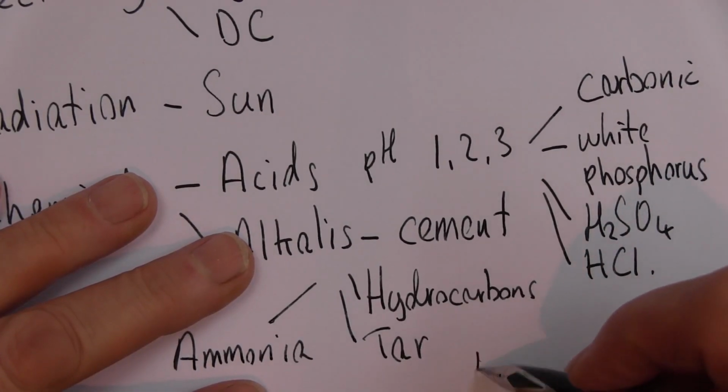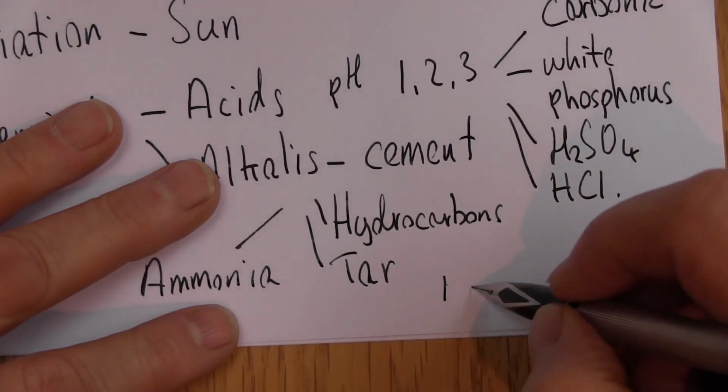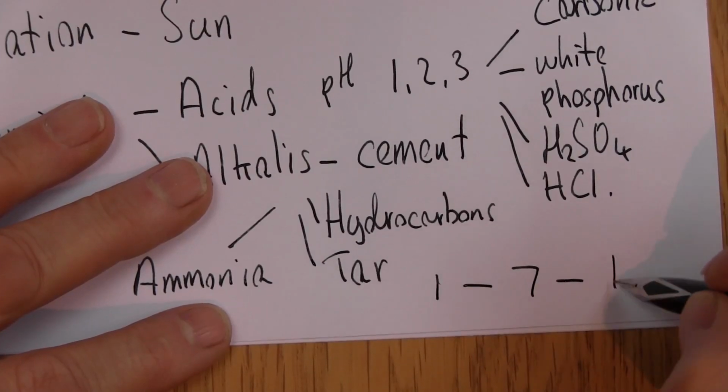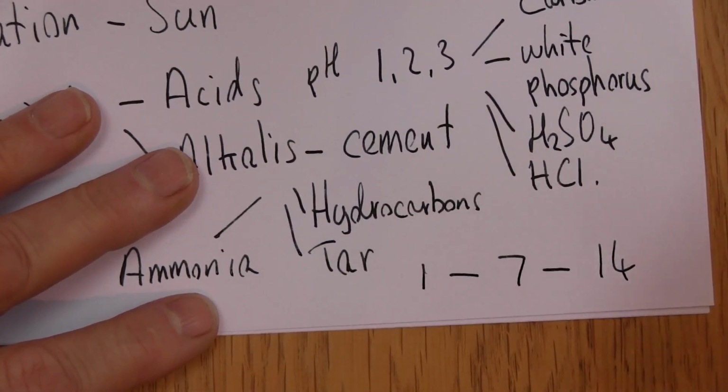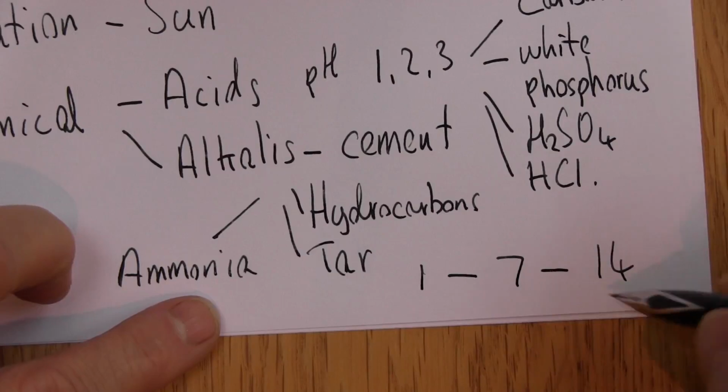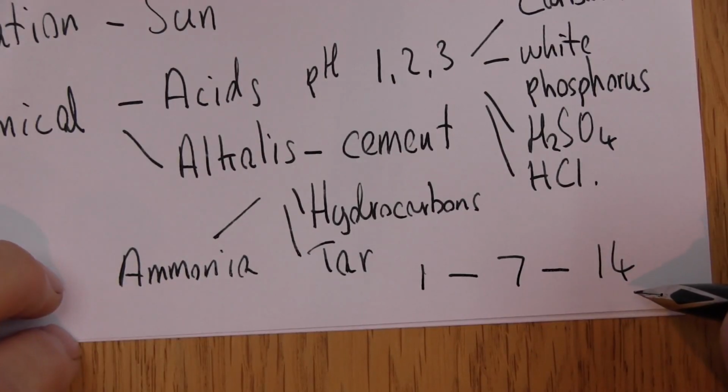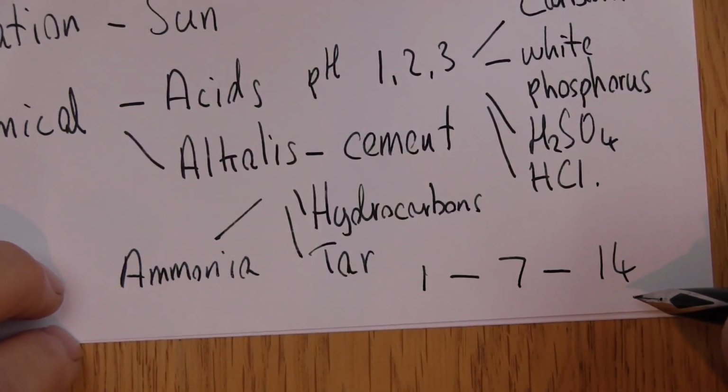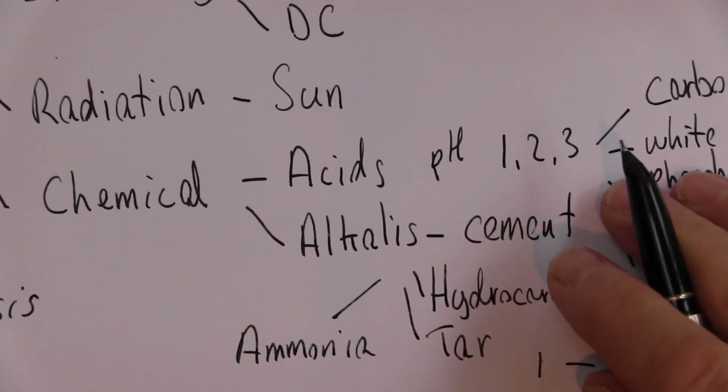So one would be strong acid, 7 would be neutral, and 14 would be a strong alkaline. So ammonia, for example, in reasonable concentration has got a pH of 14. So some different causes of burns there.